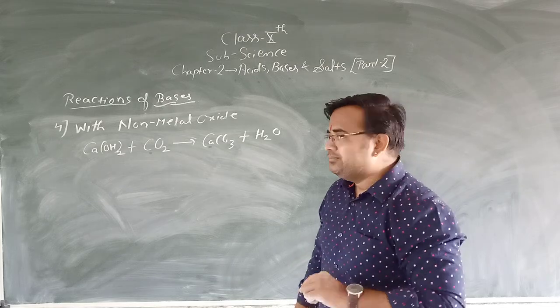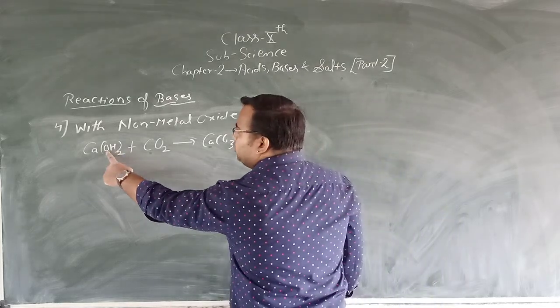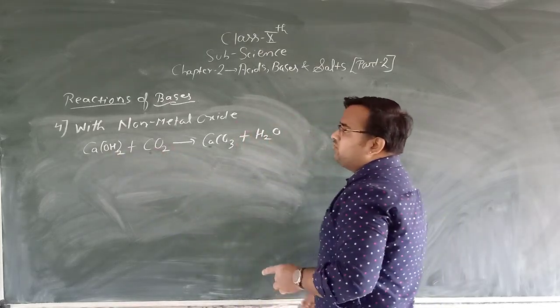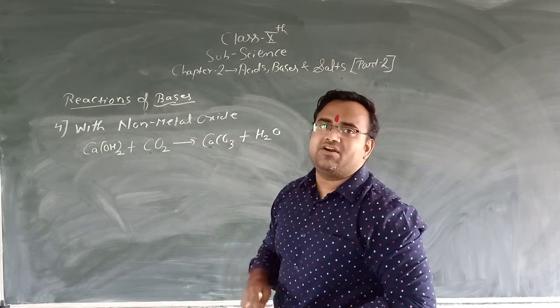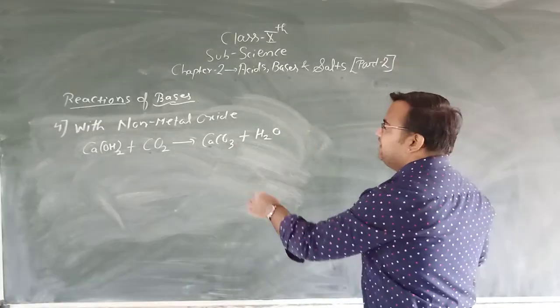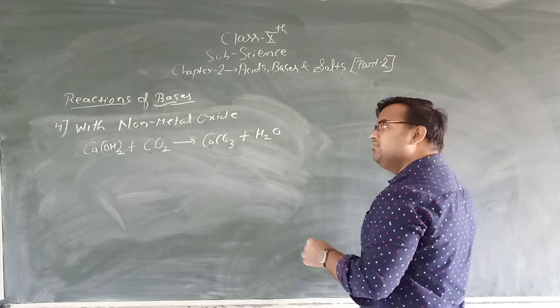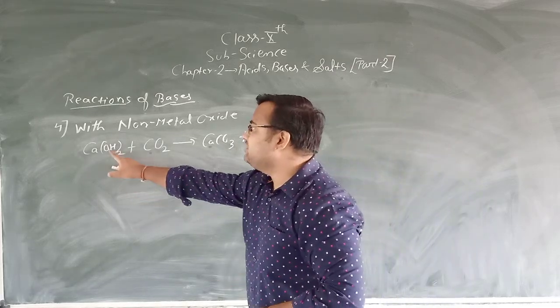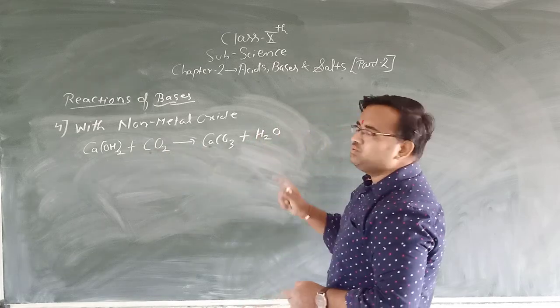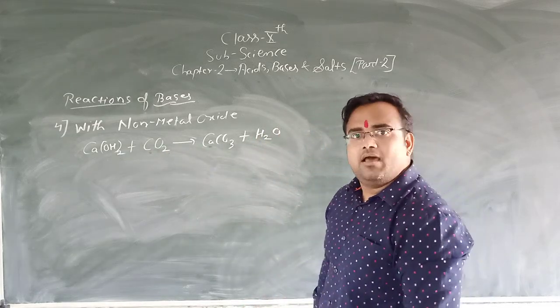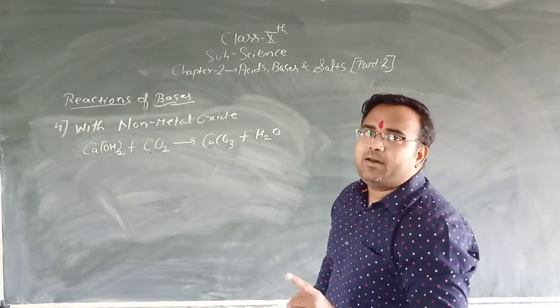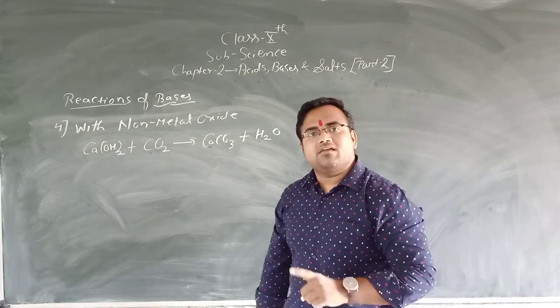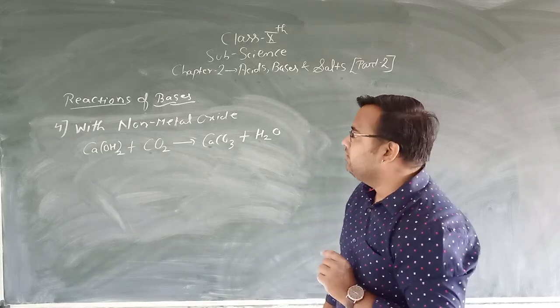Now oxygen: two oxygen plus two oxygen, so on the reactant side there are four oxygens. On the right-hand side, 3 oxygen plus 1 oxygen, 4 oxygens. It is balanced. What about hydrogen? H2 and H2, balanced. The reaction is balanced. In the examination always check whether the reaction is balanced or not.